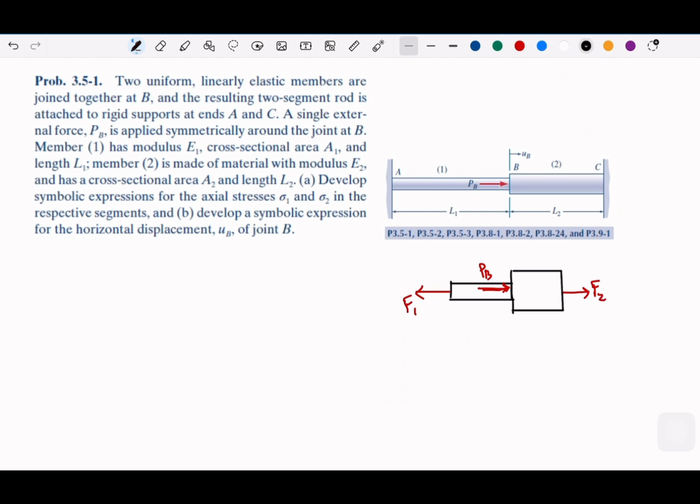We get the idea that F1 is equal to F2 plus PB, or F1 minus F2 is equal to PB, from the equilibrium. No need for the moment because we have only horizontal forces applied. So equilibrium done.